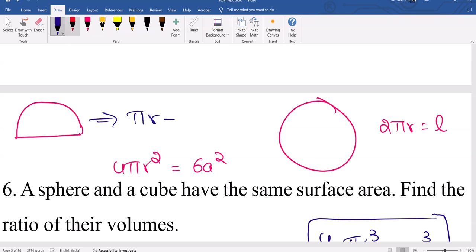Pi r because of half, and what about this one? 2r, the diameter. Same reason for hemisphere. We may think sphere is 4 pi r square, hemisphere 2 pi r square, no. The bottom half below has this diameter 2r obtained. Similar to that, hemisphere 3 pi r square will come.